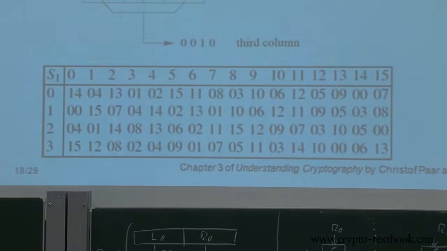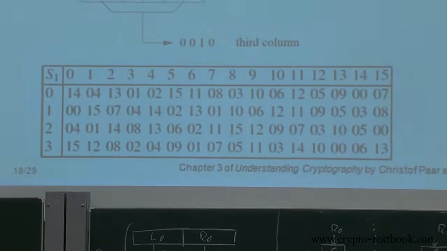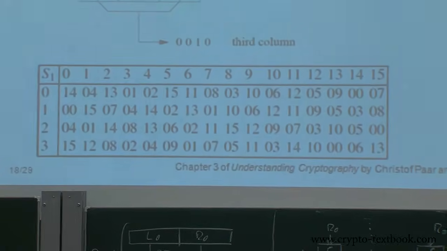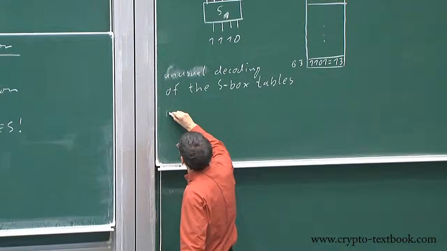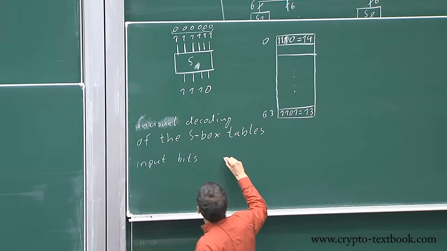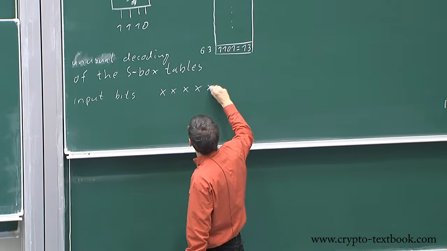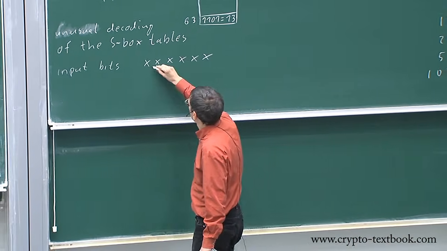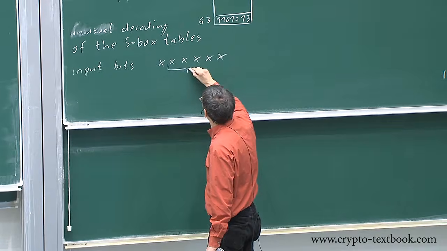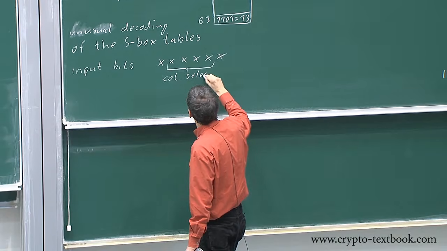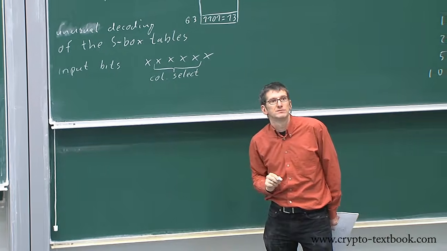And here comes the weird thing. Normally you would expect something like this: the first 4 bits select the column, and then the last 2 bits the row. But this is not how they do it. If these are the 6 input bits, you take the middle 4 bits, and this is the column select, Spaltenwahl auf Deutsch.